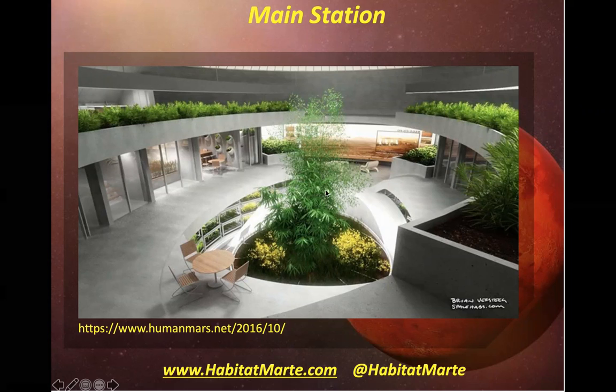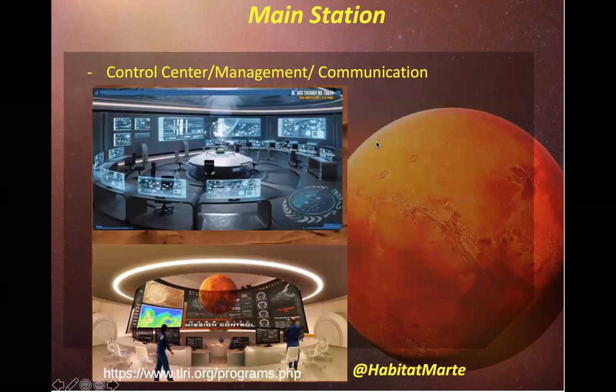Okay, also, part of these plants would be used to be consumed as food. Okay, and then you can see a general concept of a control center with a lot of screens of multitasking resources. If you look at the travel of the Dragon capsule to the International Space Station, it's possible to see the tools of control of the mission.